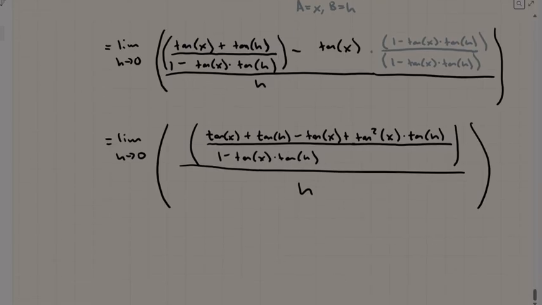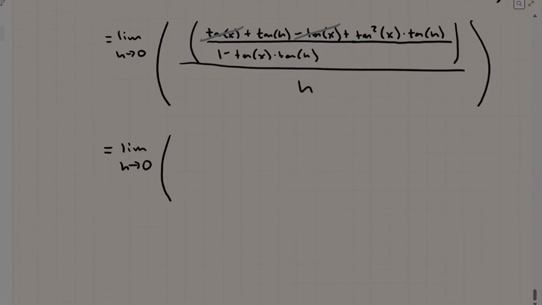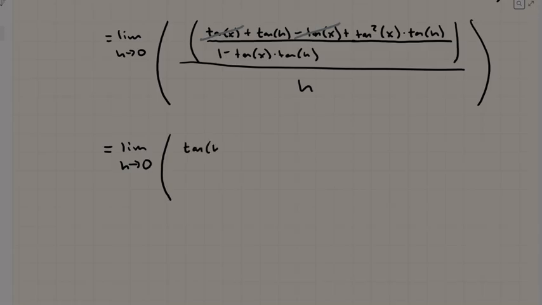All right, can some stuff start to simplify? We've got tangent of x minus tangent of x. We also notice we have this tangent of h term now in everything that's remaining. So we can start to pick this thing apart and make it solvable. Let's factor out the tangent of h from that numerator, right?